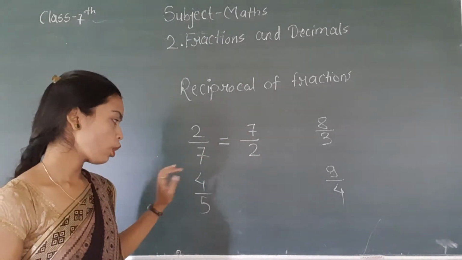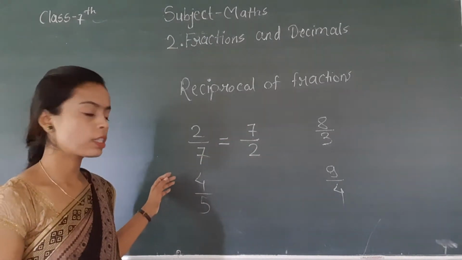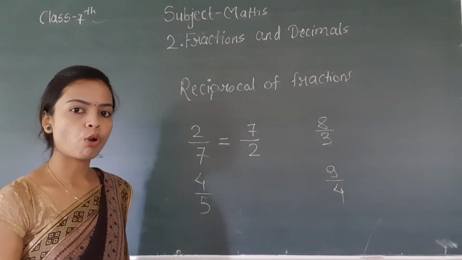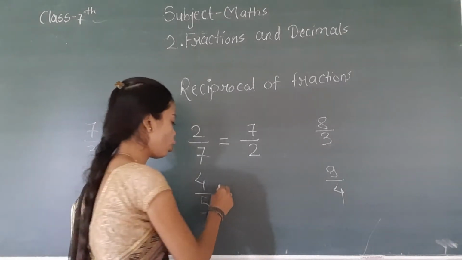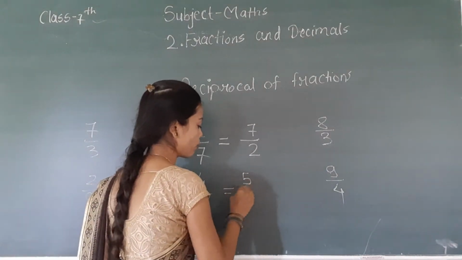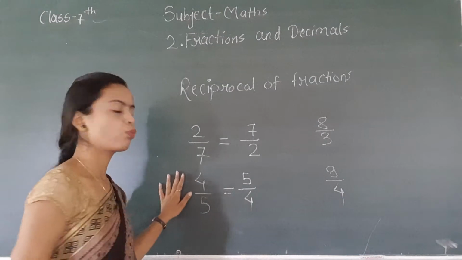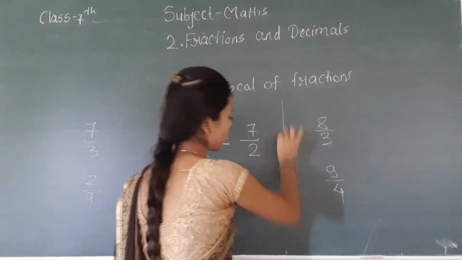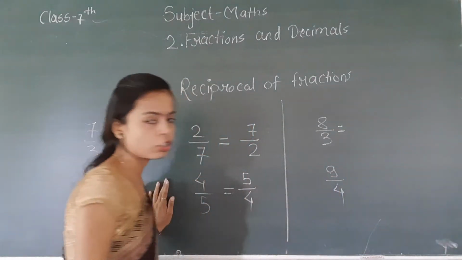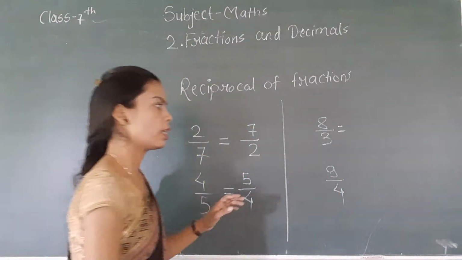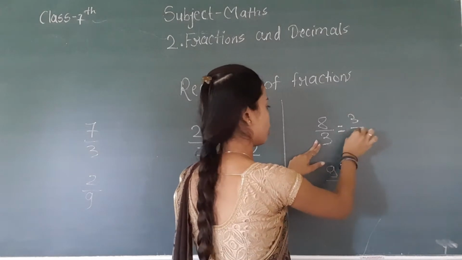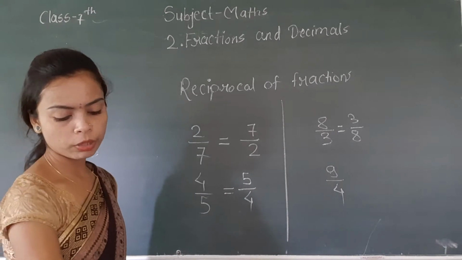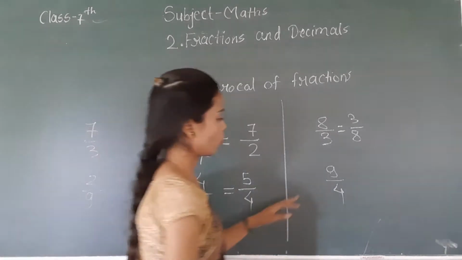Now tell me what is the reciprocal of 4 upon 5. The reciprocal of 4 upon 5 is 5 upon 4. In the same way, the reciprocal of 8 upon 3 is 3 upon 8.